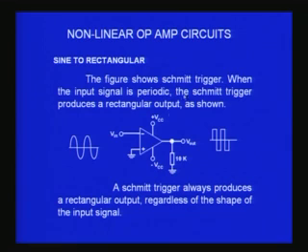The figure shows what is known as a Schmitt trigger. When the input signal is periodic, as it is in this case because I have given a sine wave, the Schmitt trigger produces a rectangular output of a fixed amplitude. The amplitude is plus VCC and minus VCC, or plus Vsat and minus Vsat.